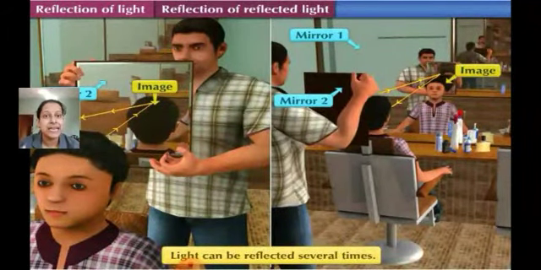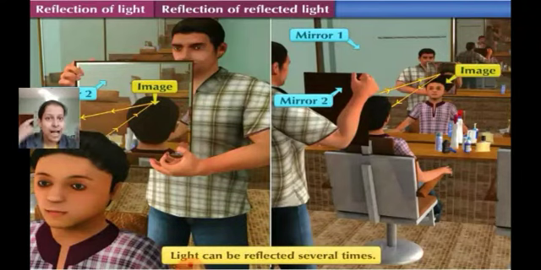First an image is formed, and the image of this image is formed in front, and it goes on because the light is getting reflected back and forth, and therefore you can see multiple reflections. These multiple reflections are called reflection of the reflected light. So this is one case wherein you can see the reflection of the reflected light.